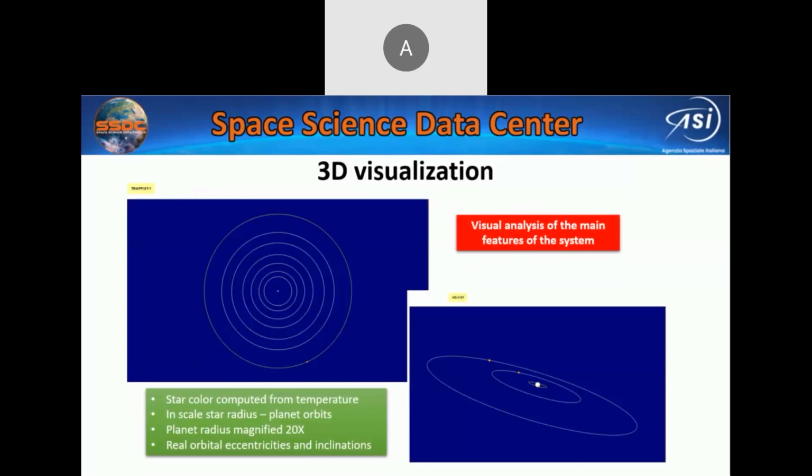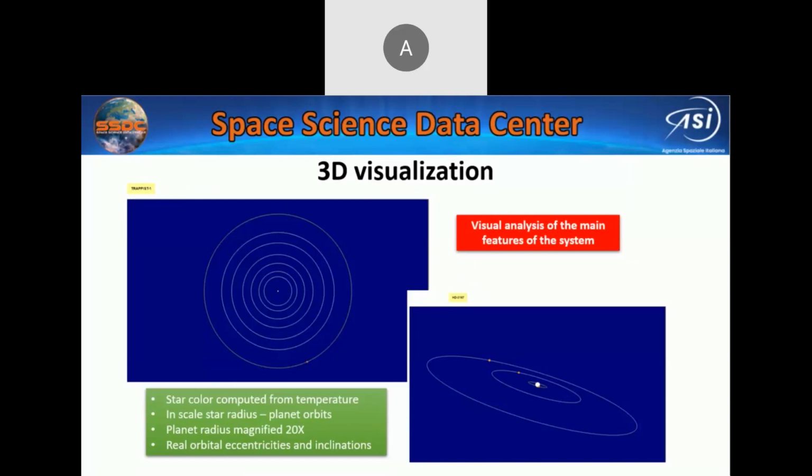We also have the possibility to look at the system in a 3D mode, so that we can inspect it visually, and we can also move and navigate over the system to have a different perspective of it. The color of the star is computed based on the temperature.